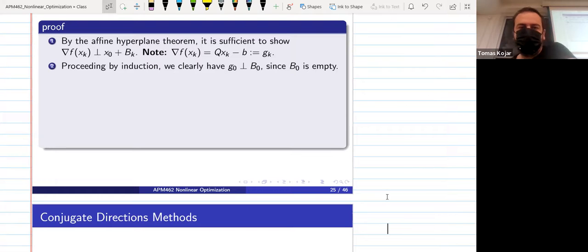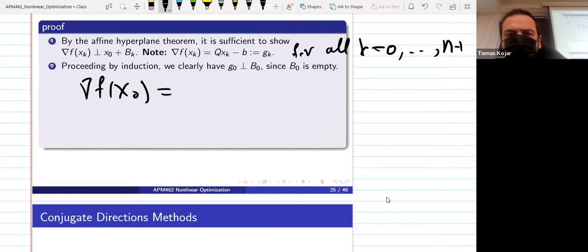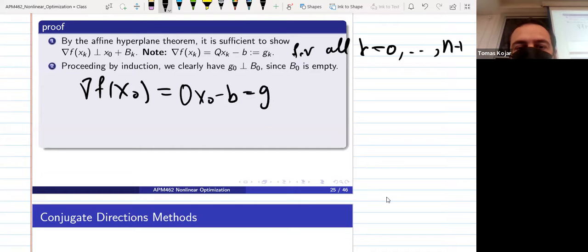Anyhow, so I have to prove this for all k, starting from 0 and then all the way to n minus 1. When you put k equals 0, you get the gradient of x0 is equal to q of x0 minus b, which we call g0.